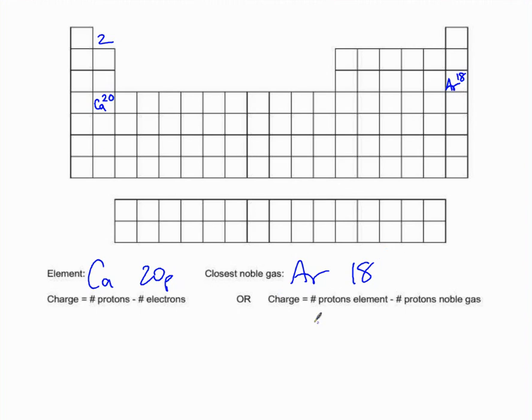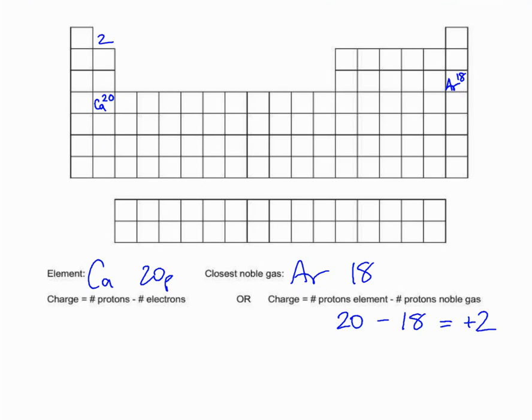And so if we're going to use the protons of the element versus the protons of the noble gas, here's what it's going to look like. Calcium has 20 minus argon has 18, and we end up with positive 2. And this is the charge of all group 2 elements.